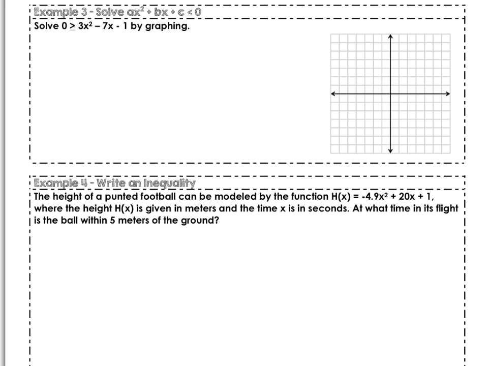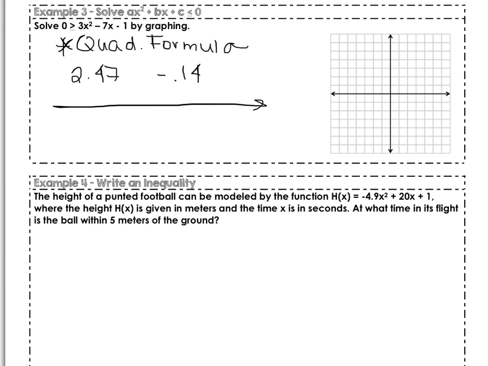All right, I'm going to keep on solving these using other methods, but I'm actually going to skip a step in this next one. So first off, like the textbook says, we're going to use a quadratic formula here. So I want you to plug this into the quadratic formula and find out what you get. You should get approximately for your solutions 2.47 and -0.14. So then I'm going to use the same strategy I did in the last one, plot them on the number line, and I'm going to test a value in between them.